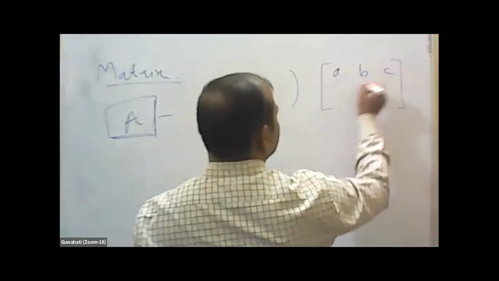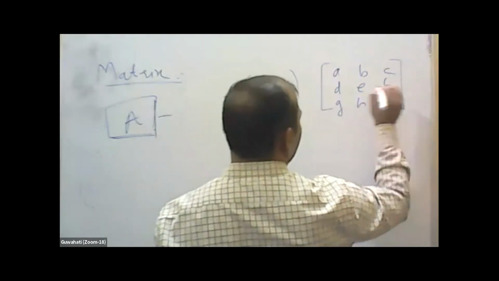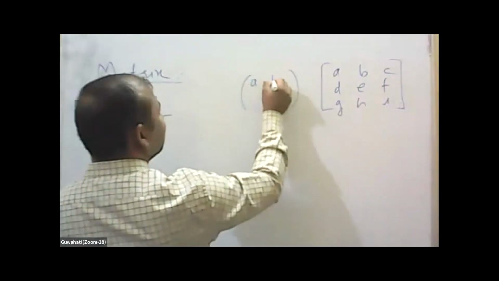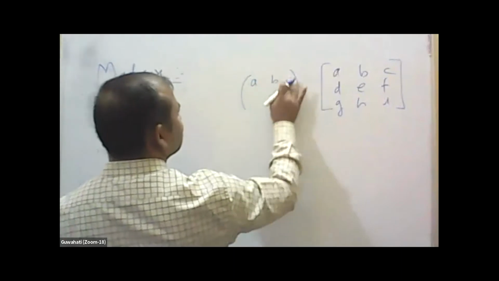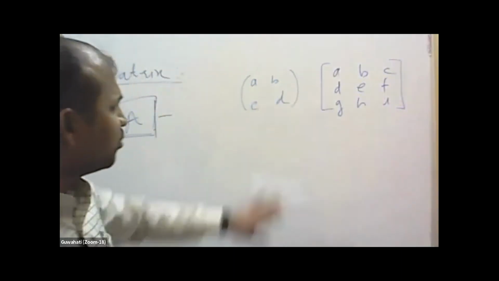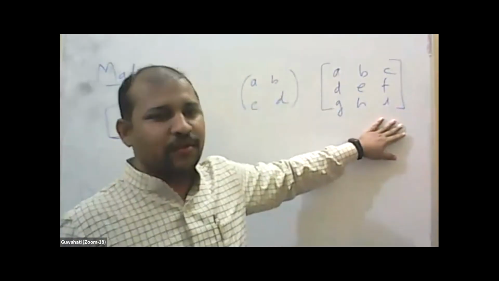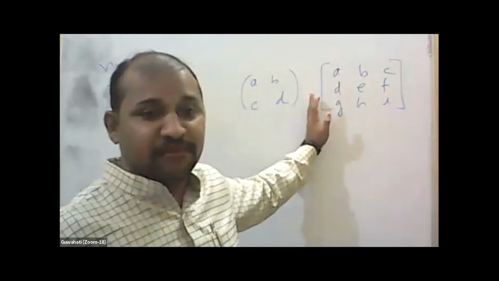Suppose A, B, C, D, E, F, and G, H, I. Similarly, here you can write also. This is also possible, right? So either you can write in this form or these notations. There is no problem. Both have the same meaning.